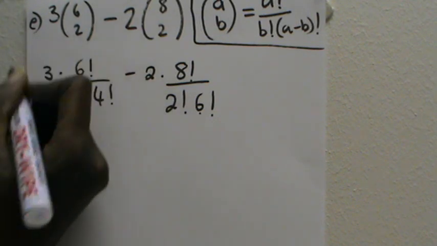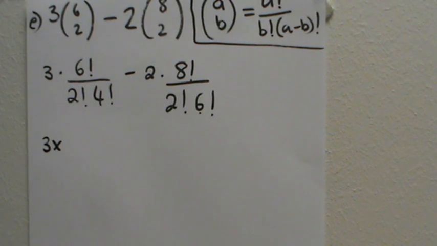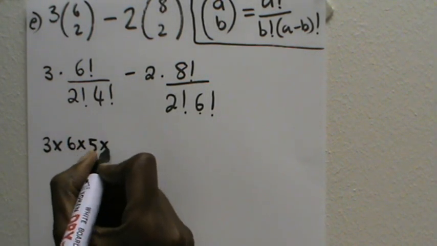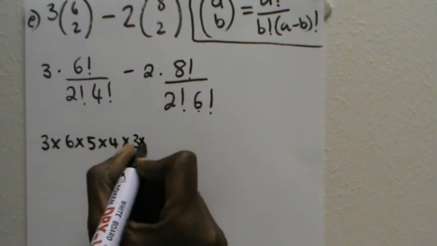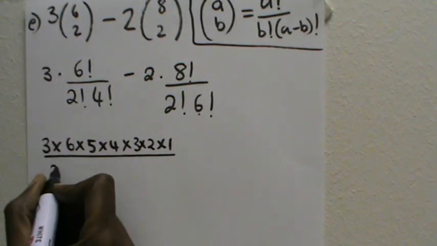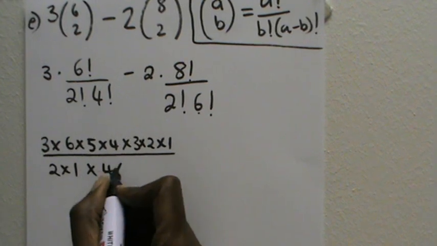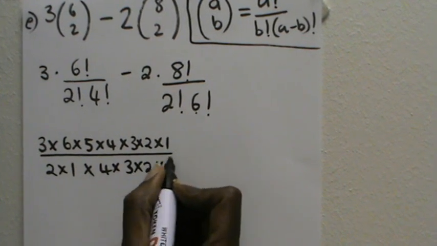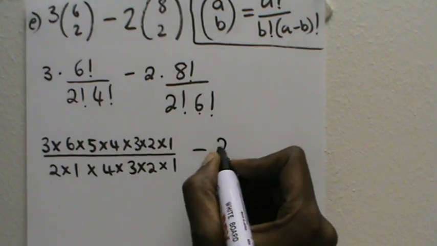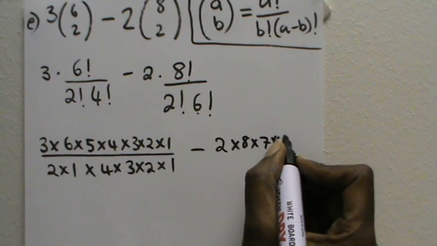So this first one over here, this is 3 times, remember the definition of 6 factorial, this is 6 times 5 times 4 times 3 times 2 times 1, and then 2 factorial, 2 times 1, and then 4 factorial, this is 4 times 3 times 2 times 1. Okay, and then that one, this is 2 times 8 times 7 times 6.